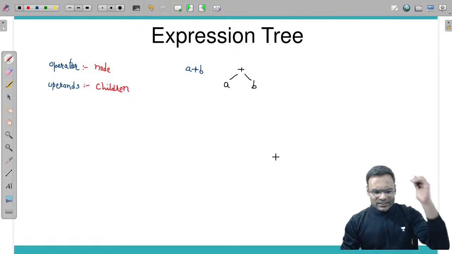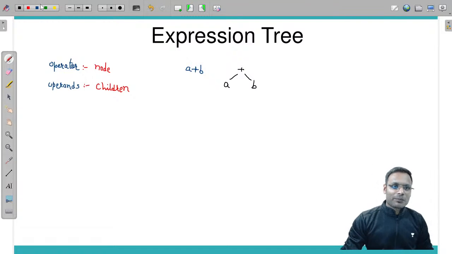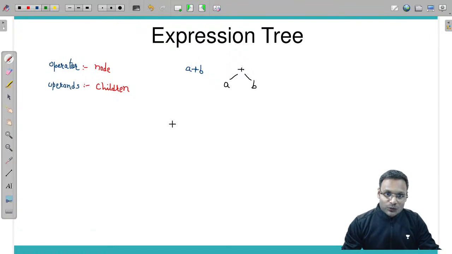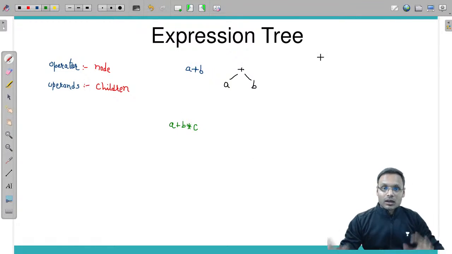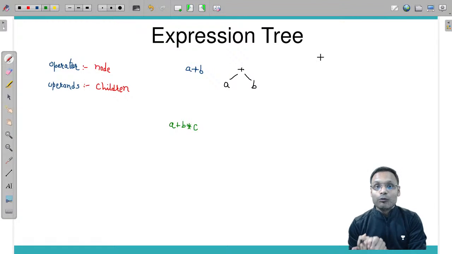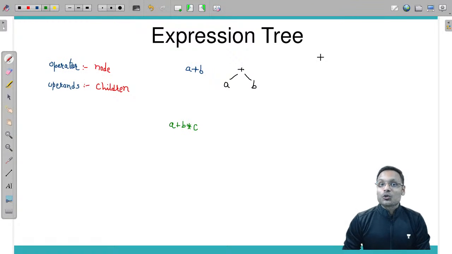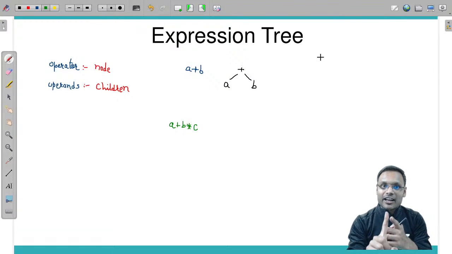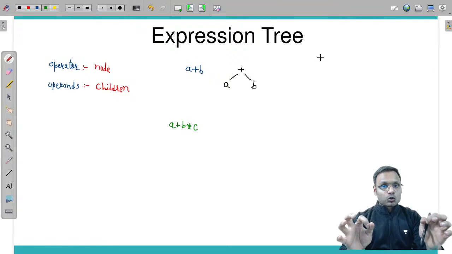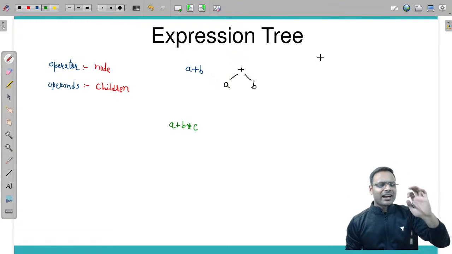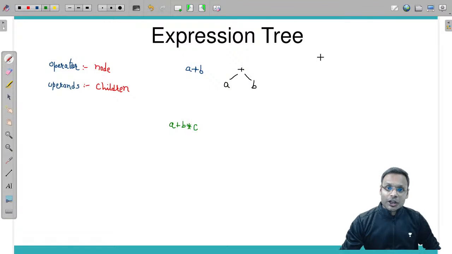Now we will increase the complexity of the question a little bit. Suppose we have an expression a plus b into c, how to draw the tree? If you have more than one operator, you need to use already learned topics: the precedence and associativity rules to solve the expression, and exactly the same rule you need to use for drawing the tree.